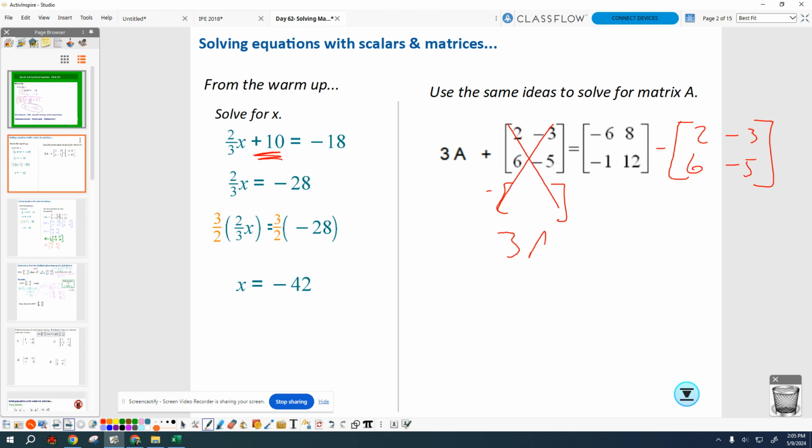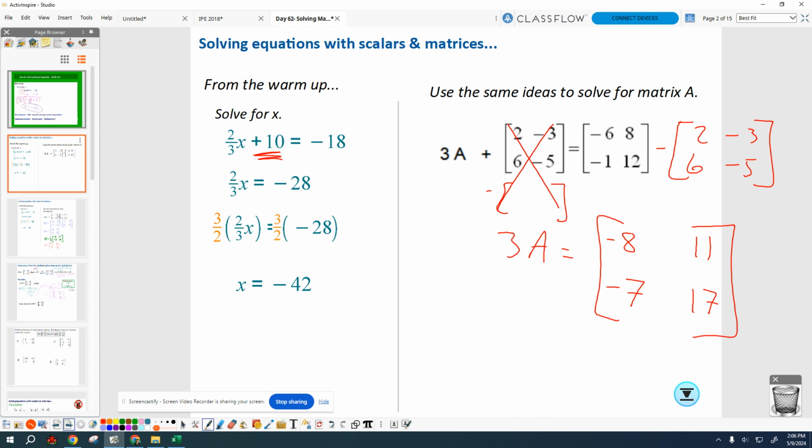And I get 3A equals... Israel, what do I get when I do this box of numbers minus that box of numbers? And 17.